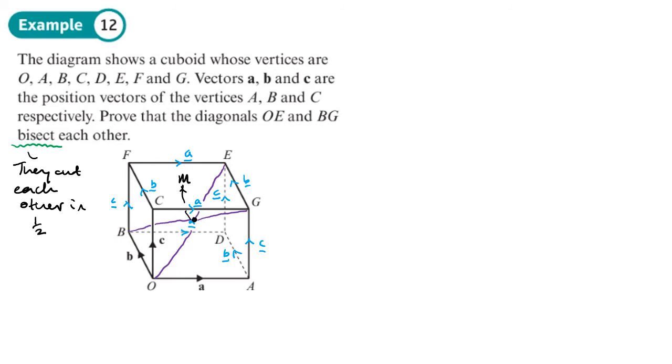And if we want to prove that they bisect each other, this is what we want to prove: for example, the vector that goes from O to M, is OM half of OE?